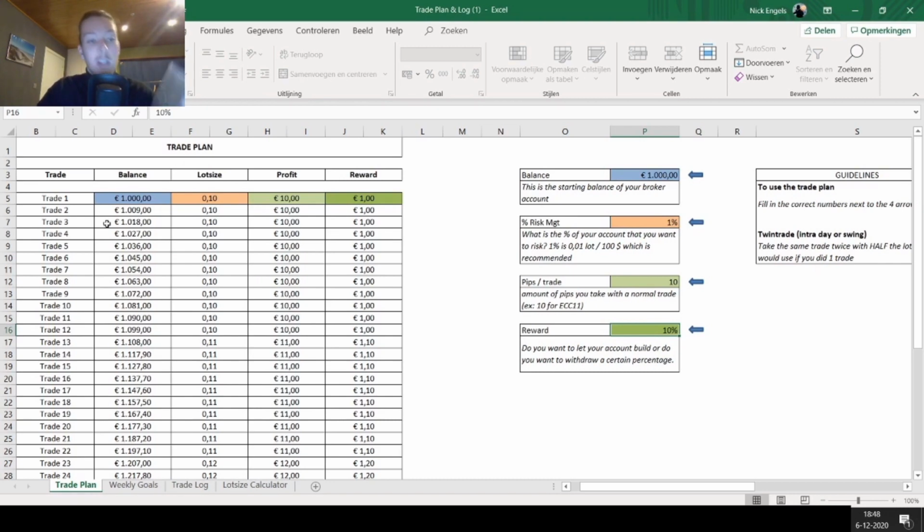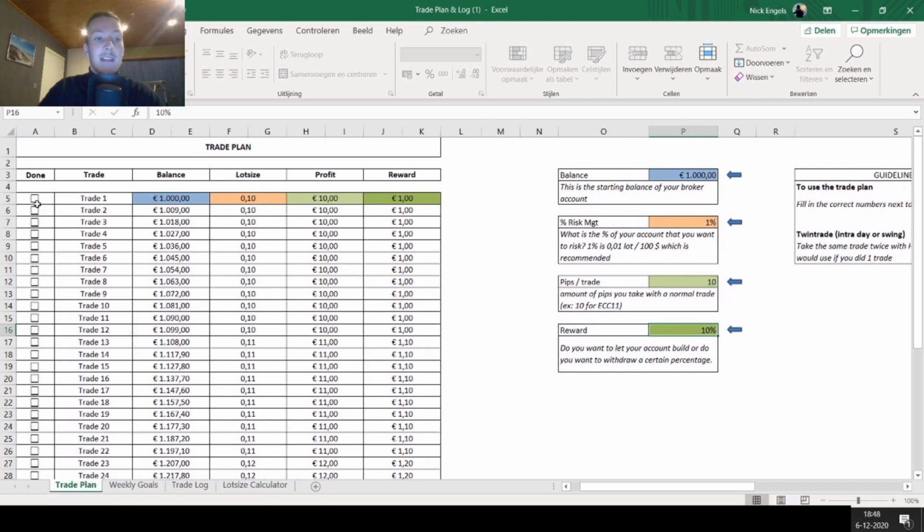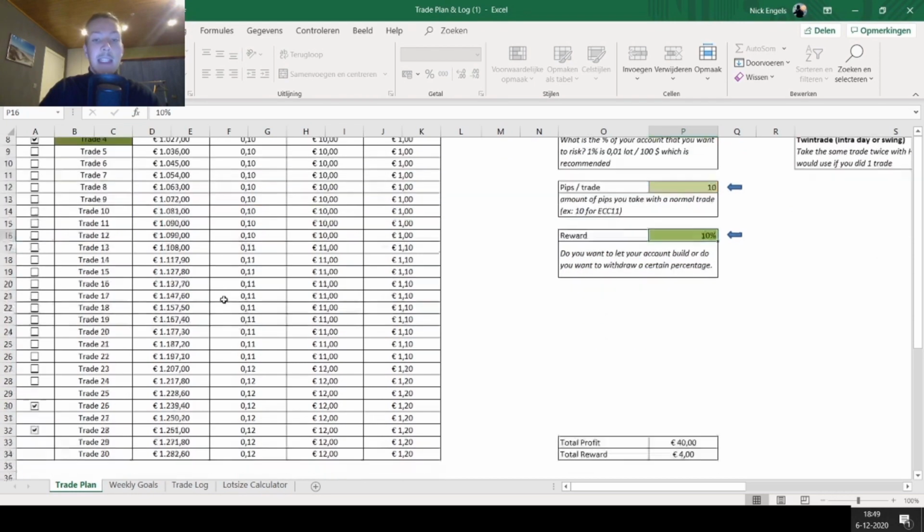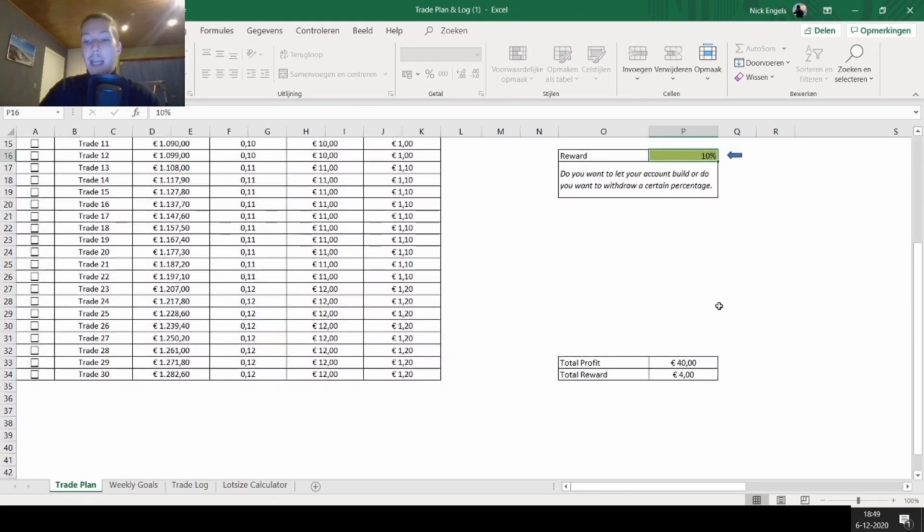If you have done a trade, you can actually select done over here and you will see that the trade will become green. This way, if we keep on going and we select a couple of trades, at the bottom right corner you will get a summary of your total profit and your total reward over here.